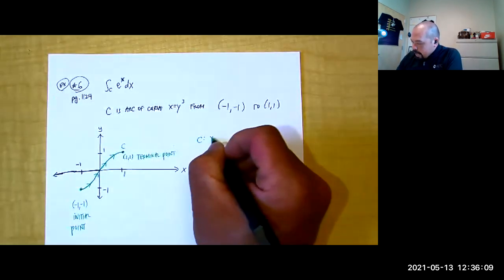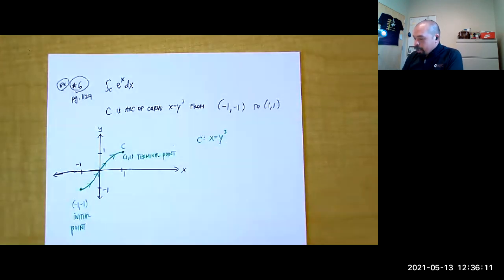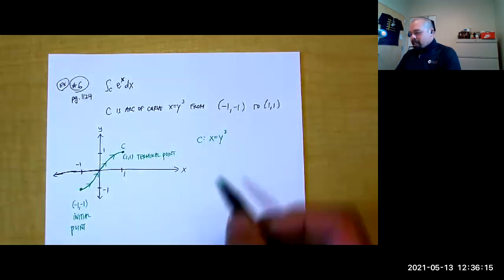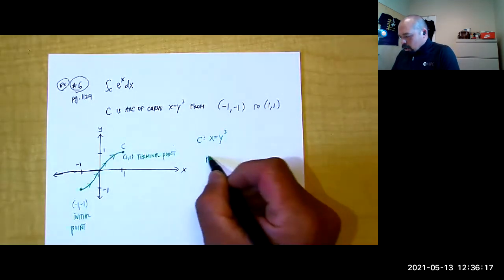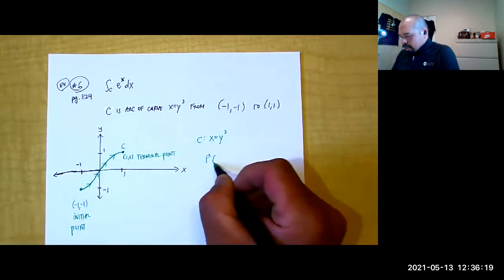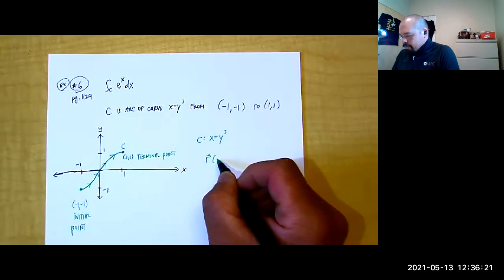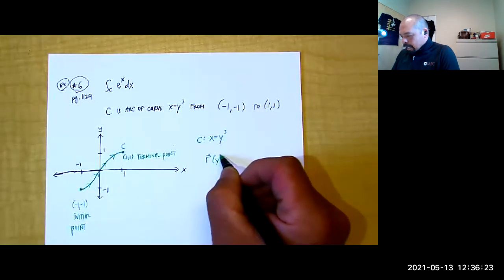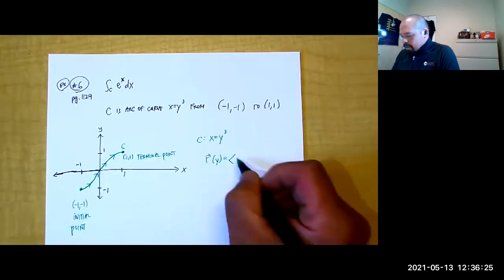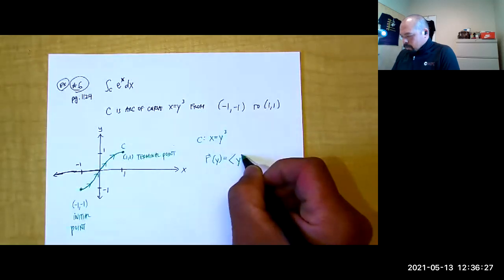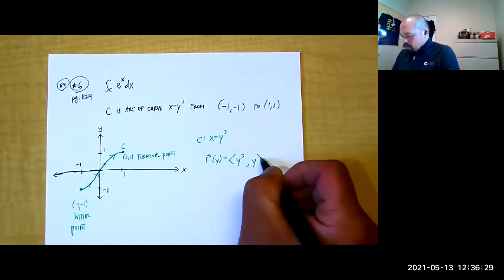So C, that x equals y cubed. In this respect, it's kind of already parameterized. Our r of y, we could say, x is going to be y cubed, y is y.